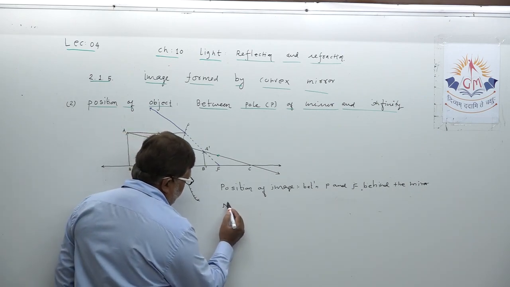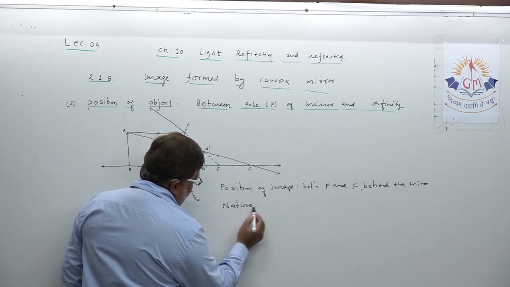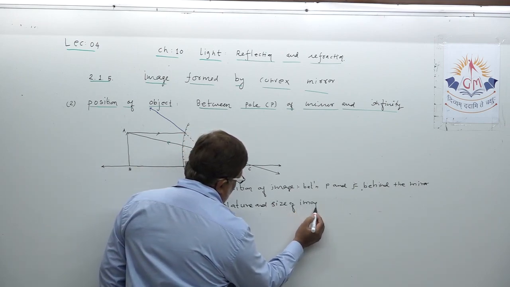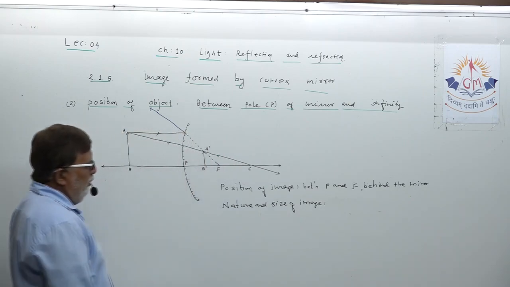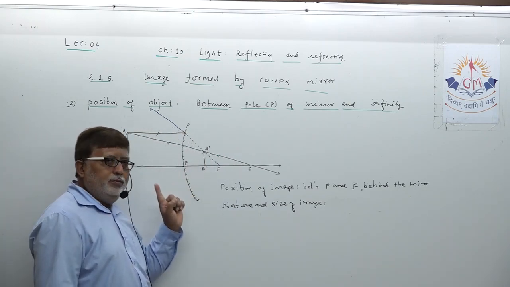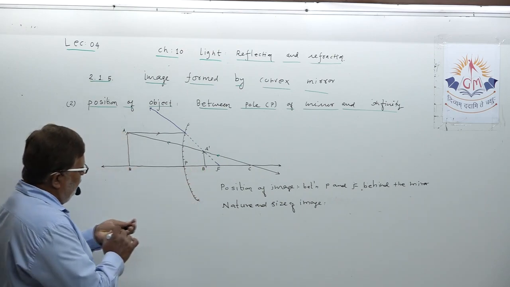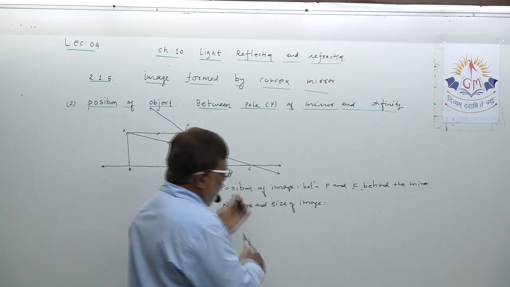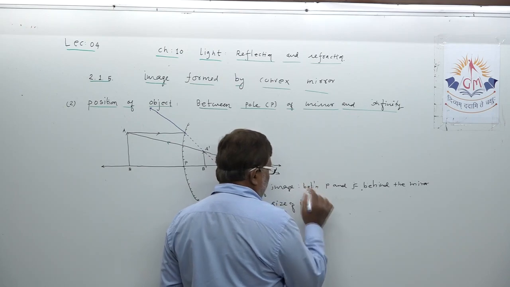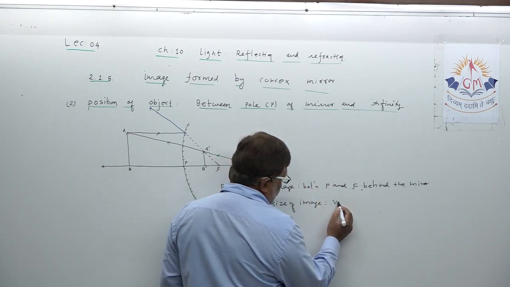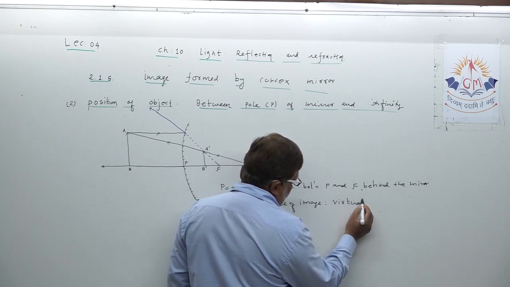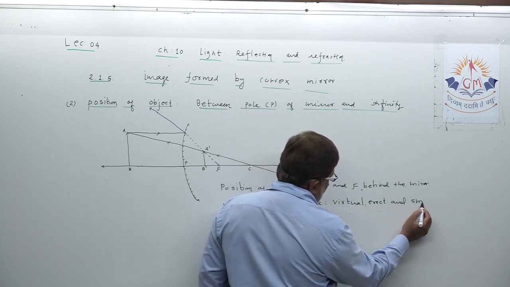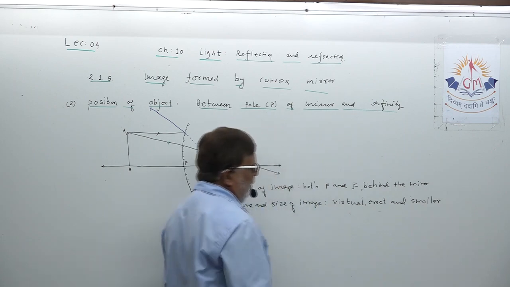What is the nature? When I discuss with you the nature and size of the image, you can guess by yourself also. After learning so many images, here the image is obtained. As you know, the object is looking this way, so the image is obtained this way. So you can write that the image which is obtained is virtual, erect and smaller.